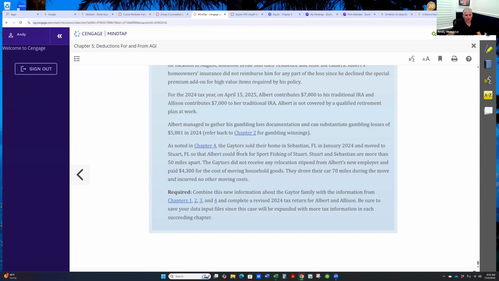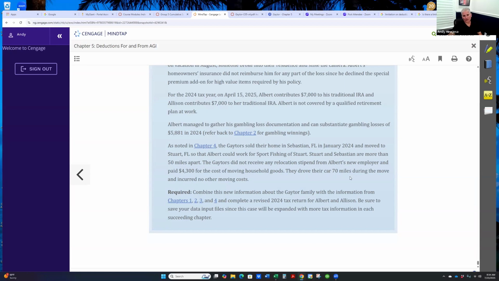As noted in chapter 4, the Gators sold their home in Sebastian, Florida in January 2024 and moved to Stuart, Florida so that Albert could work for Sport Fishing of Stuart. Stuart and Sebastian are more than 50 miles apart. The Gators did not receive any relocation stipend from Albert's new employer and paid $4,300 for the cost of moving household goods.